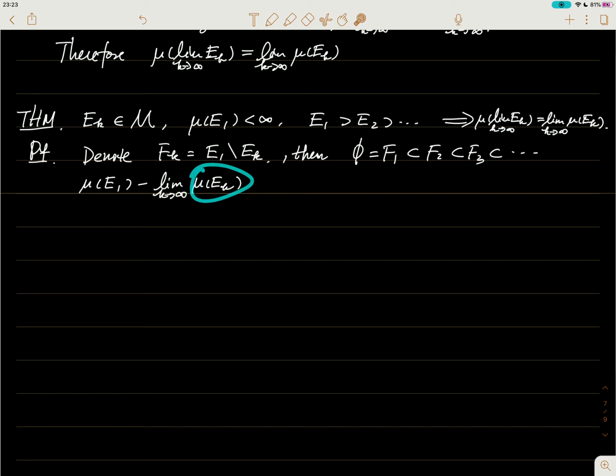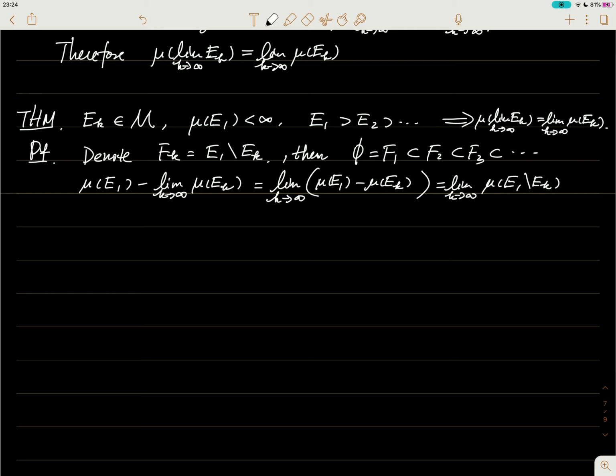And then taking the limit of this should be equal to the limit of the measure of E1. I can put this E1 into the limit. I have this, right? And this is just the limit of mu of E1 minus Ek.